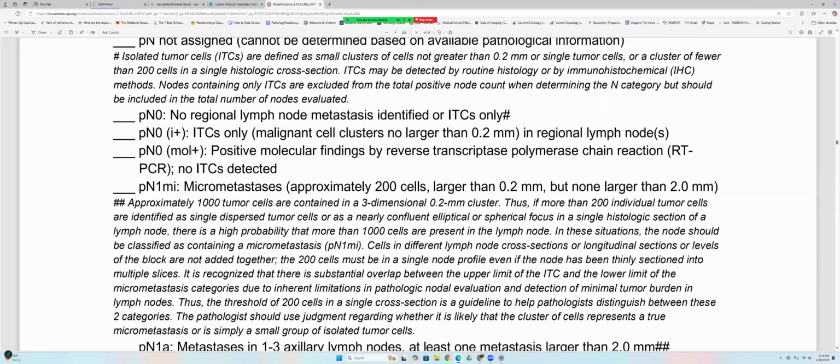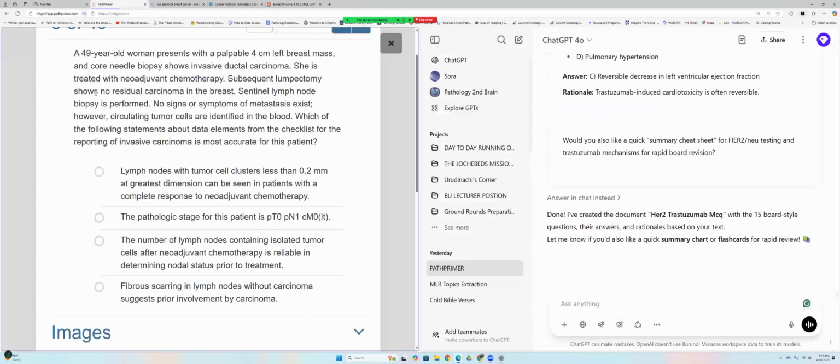What you saw is in regional lymph nodes. Actually, it's in blood, not in regional lymph nodes. But this one is in regional lymph nodes. Molecular means when you do a reverse transcription reaction, you can pick it up, but no isolated tumor cells detected. Anyway, let's try it out at once so I don't waste so much time.